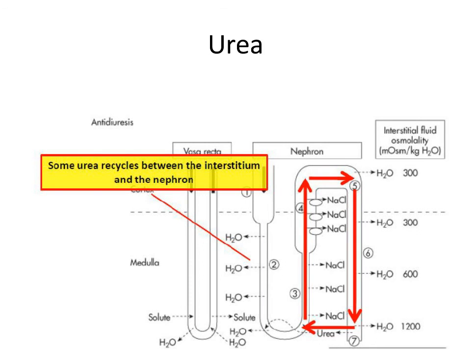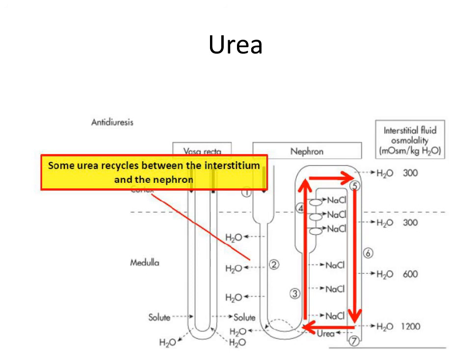Now coming to the role of urea in the concentration of urine. So there is a role for urea as well. Urea concentration increases in the deeper portion of the collecting duct. This urea can diffuse into the interstitium, and this has a role in increasing the interstitial osmolarity.